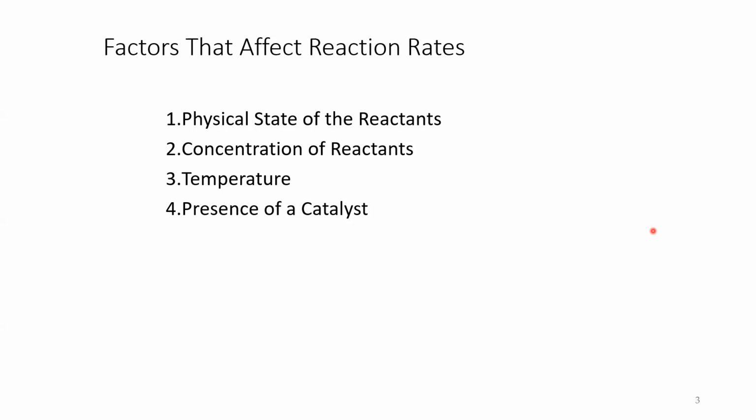But a lot of the times, if we have a higher concentration of reactants, we're going to have more collisions. So we'll typically see a faster reaction there. Not always going to be the case, but a lot of the times, as the concentration increases, we'll see the rate of reaction will increase as well. And along with that, we'll see temperature is going to have a similar effect.